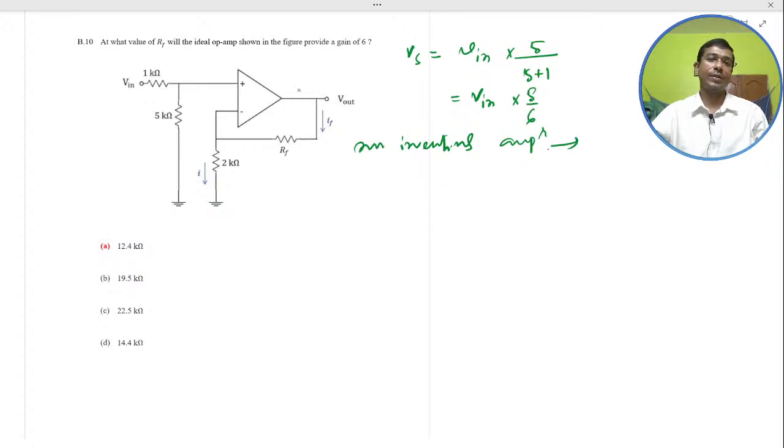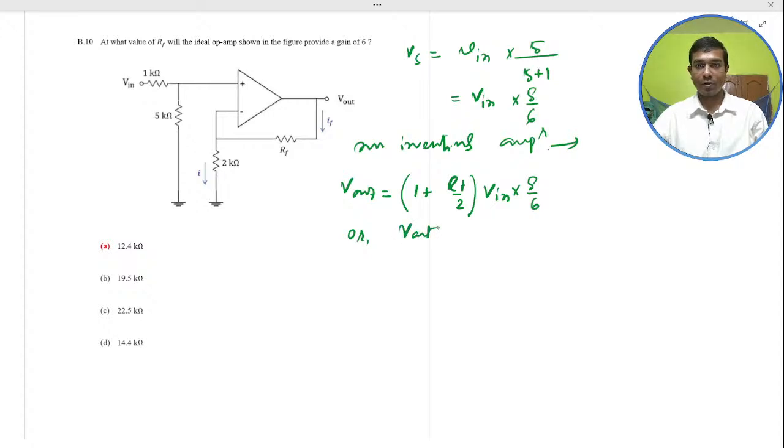Non-inverting amplifier means here the negative terminal, the feedback within the negative voltage. So non-inverting. So the V output is equal to 1 plus RF by 2 into V in into 5 by 6, or the V output divided by V in, that is the 1 plus RF by 2 into 5 by 6.